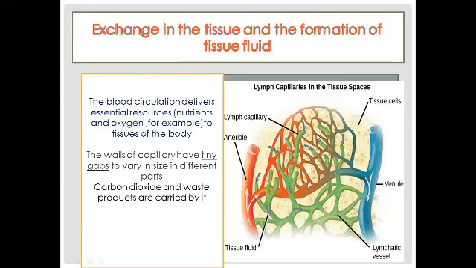So check with me about the exchange between the tissue and the blood. The artery carries blood and moves it inside the capillaries, which have gaps in their walls that vary in size in different parts of the walls, and exchange starts between the tissue or cells inside the human body and the capillaries.